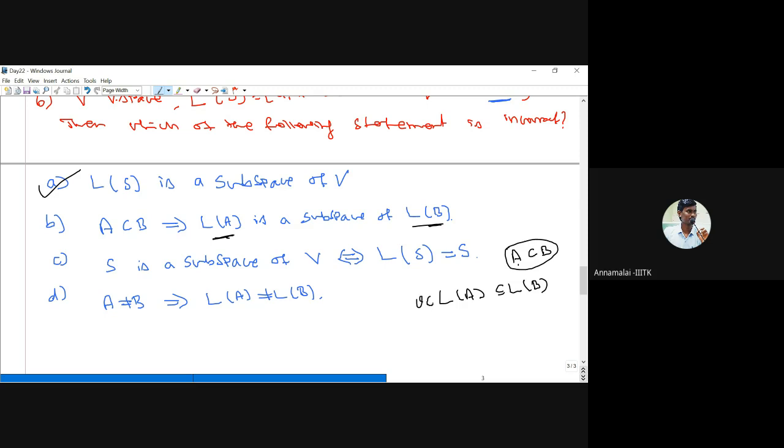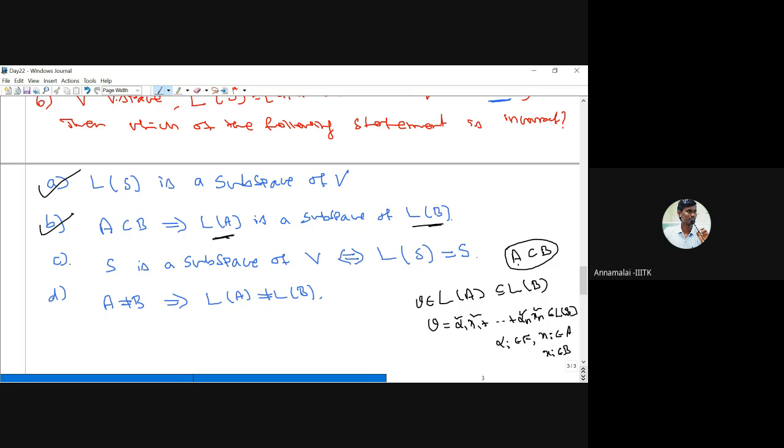Suppose I take some b belonging to L of A. Therefore b is of the form alpha 1 times x1 plus and so on, plus alpha n times xn, where the alpha i's are scalars and the xi's are in A. And since A is a subset of B, these xi's are in B. Therefore this belongs to L of B, because alpha 1 to alpha n are scalars and x1, x2, up to xn are in B. Therefore L of A is a subset of L of B. Since L of B is a subspace, therefore this is a subspace. So this is also a true statement.